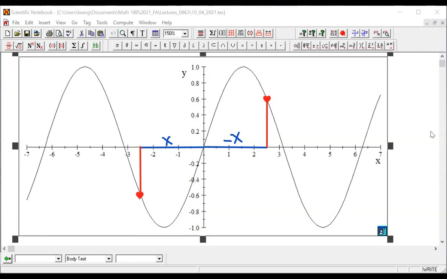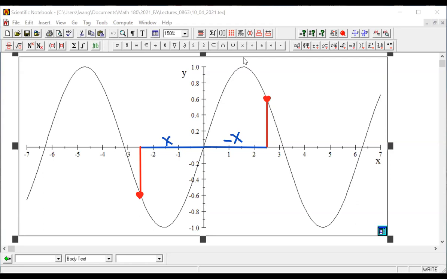The domain is all real numbers. I mean, for a sine function, does it matter that it be one-to-one? No, sine is not one-to-one. You can see it's not one-to-one. It doesn't pass the horizontal line test.